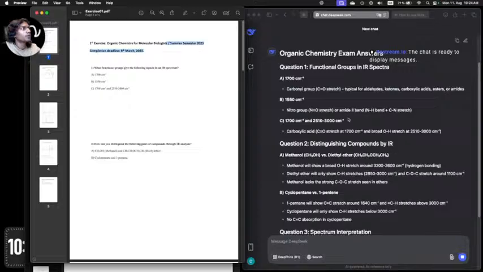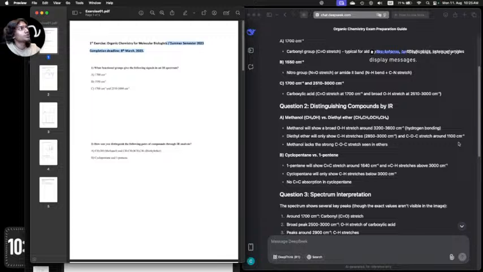Nitro group or amide 2 band. 1700 per centimeter and 2500 to 3000 per centimeter: carboxylic acid. Question: how to distinguish compounds by IR.